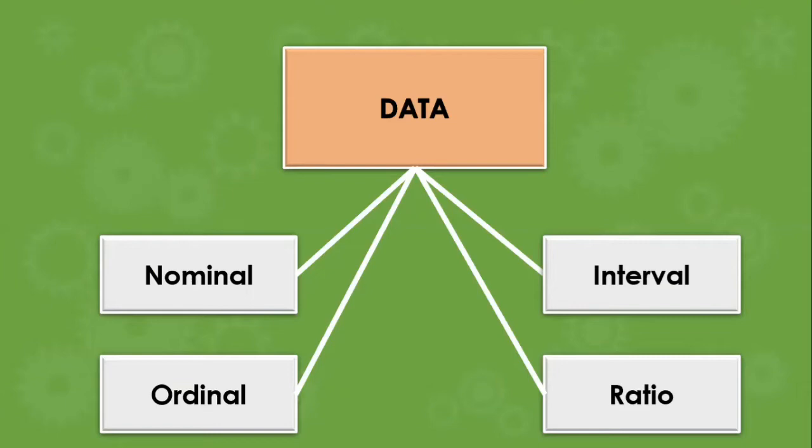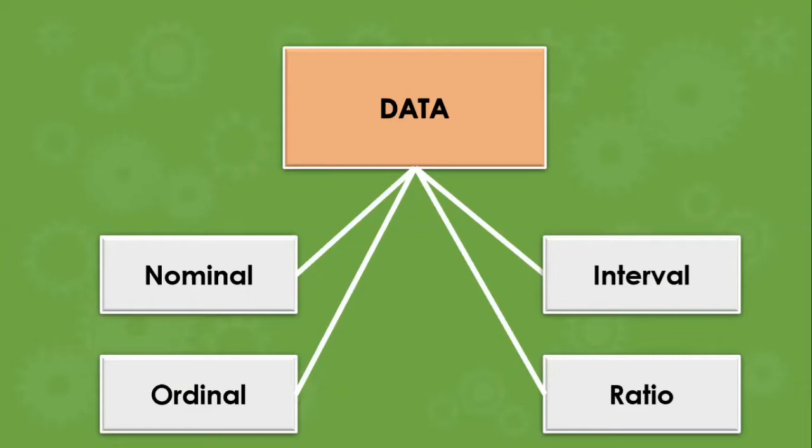What do we mean by absolute zero? One example that we provided in interval data was temperature, right? And temperature doesn't have an absolute zero because there is even a temperature that is below zero. Let's say negative 10 degrees.